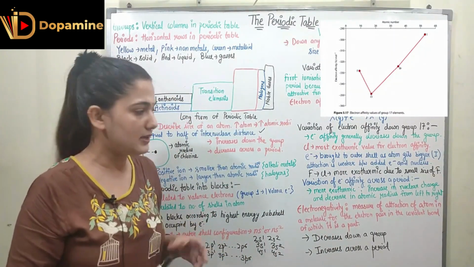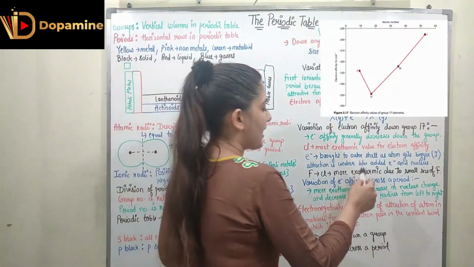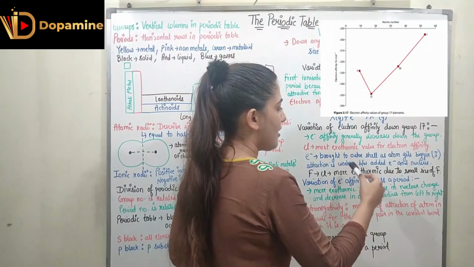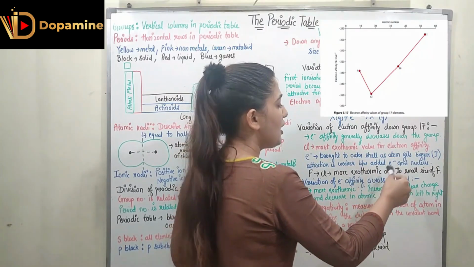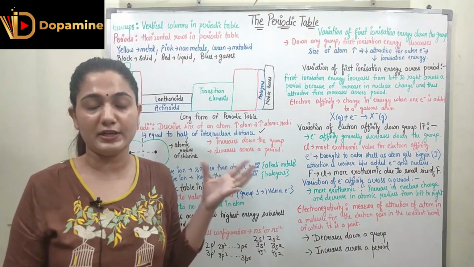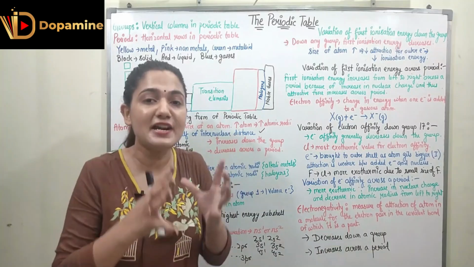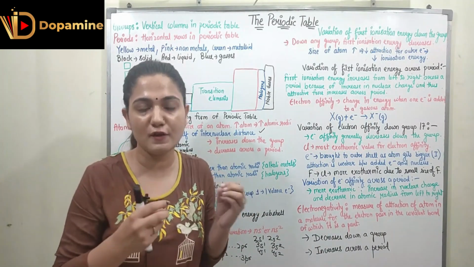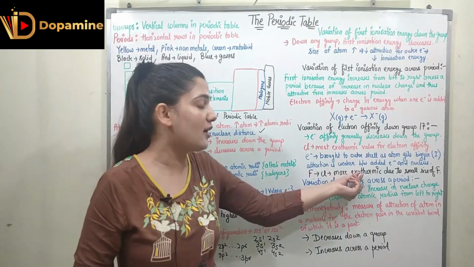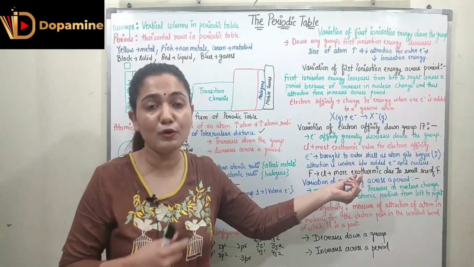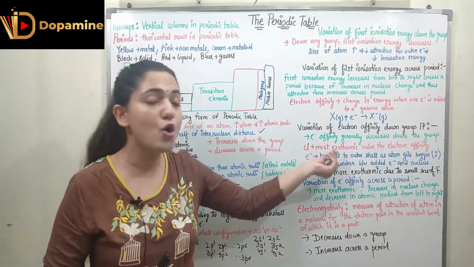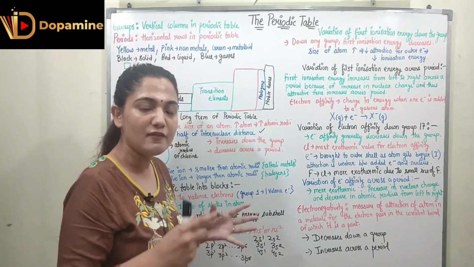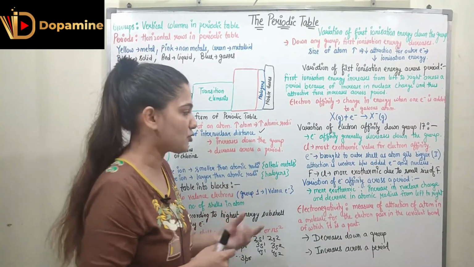But in the case of fluorine, we have a less exothermic reaction due to the smaller size of fluorine. The size of fluorine is so small that the electrons have more repulsive forces on each other, due to which the exothermic energy decreases in the case of fluorine, whereas chlorine will be most exothermic. So the size of chlorine is bigger than fluorine, but we have an exception over here.